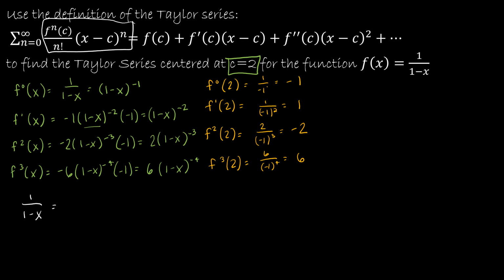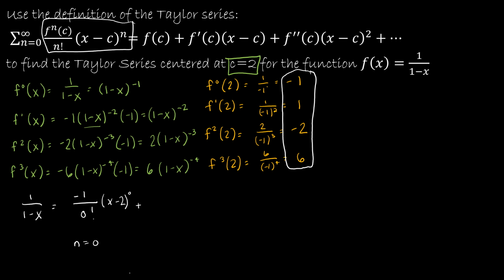Now let's use all of those values to rewrite 1 over 1 minus x using our definition. So I'm going to start with these coefficients, that's my numerators, that's why I had to find them, over n factorial, and then x minus c to the nth. So the first guy is negative 1 over 0 factorial, because the first guy is when n is 0, times x minus 2 to the nth power, and n is 0.